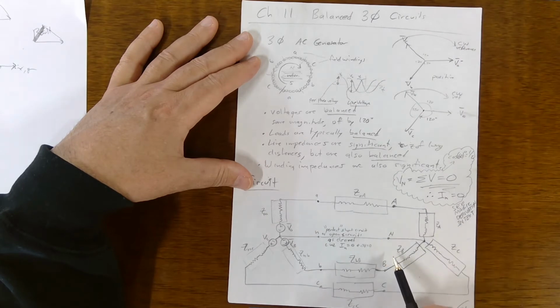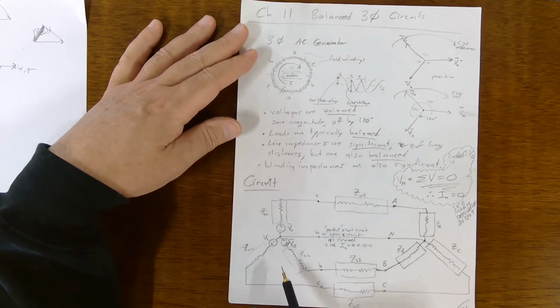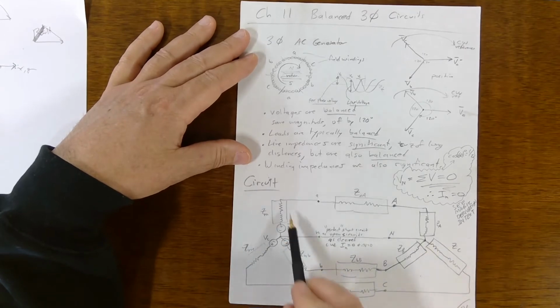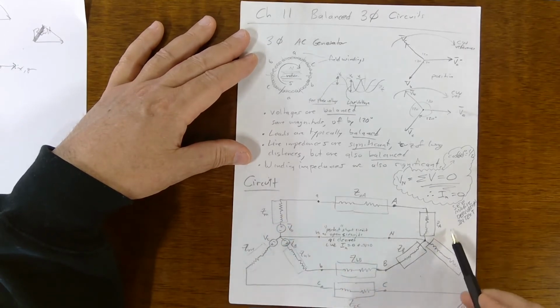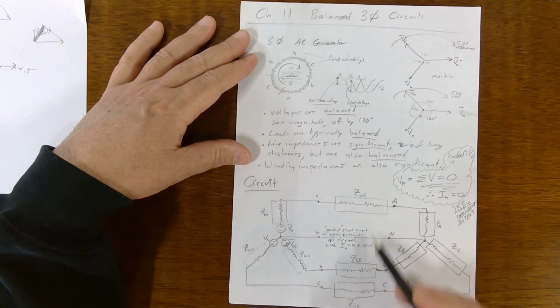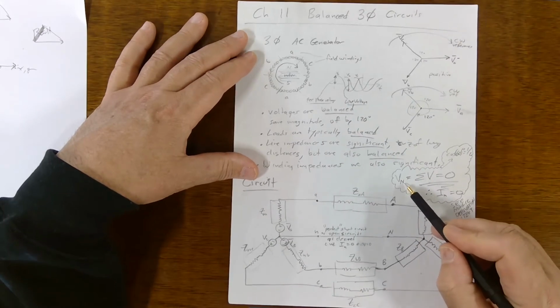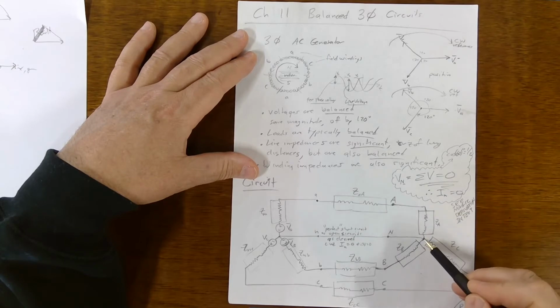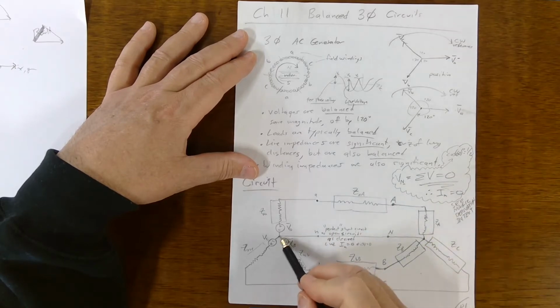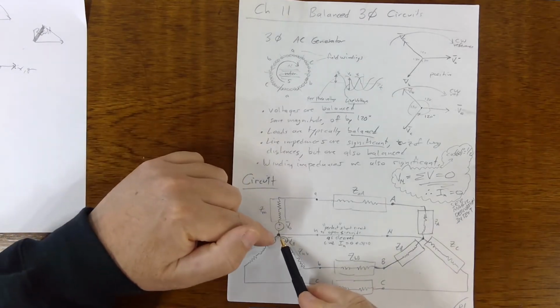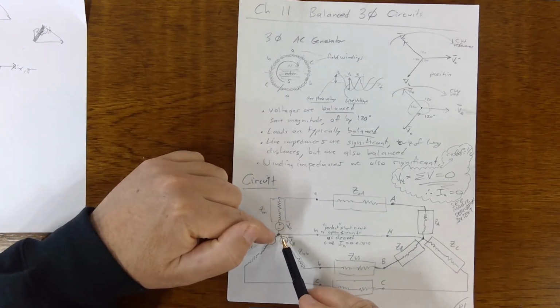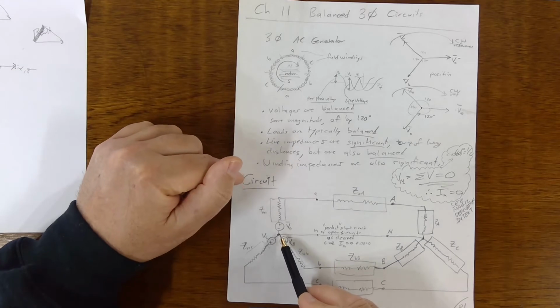Okay, so we draw this Y equivalent circuit with the generator over here, and then the load over here, and then the distribution lines in the middle. Now, an interesting thing happens because of the summing of the voltage at this point. This could be grounded.